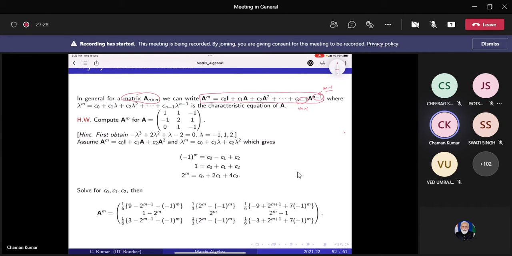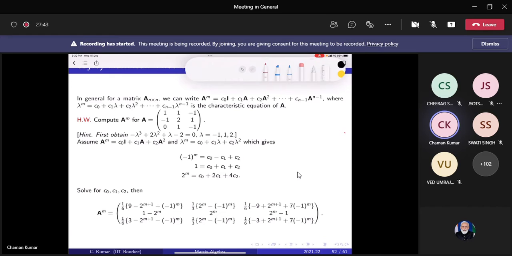This calculation will be more time-taking if you are dealing with a diagonal matrix. Forget about a diagonal matrix. If you are dealing with a zero matrix and you are asked to find A raised to m, where m is any positive integer, then you can immediately say that this is a zero matrix without doing any calculation. And if you start doing this calculation, it will take more time.